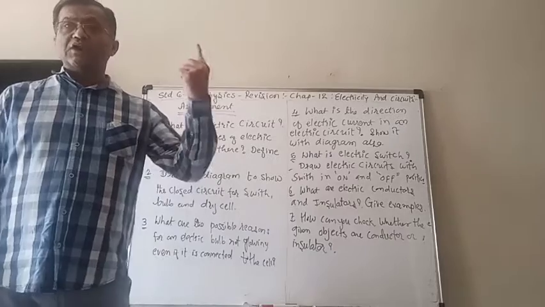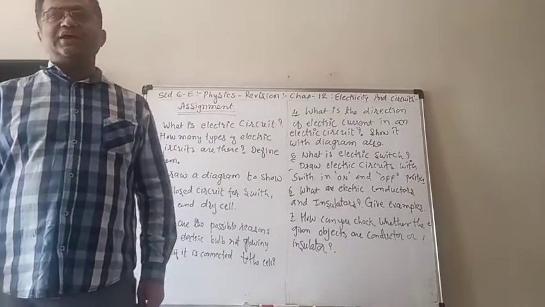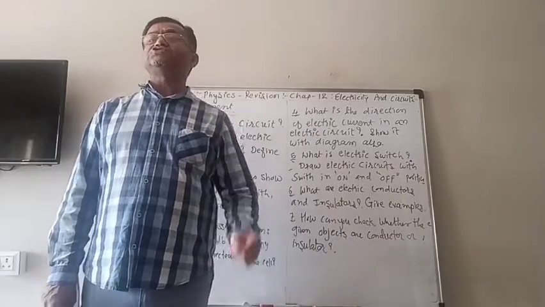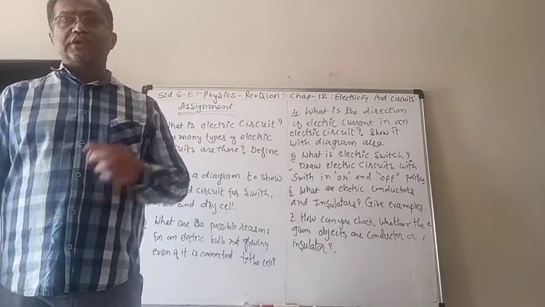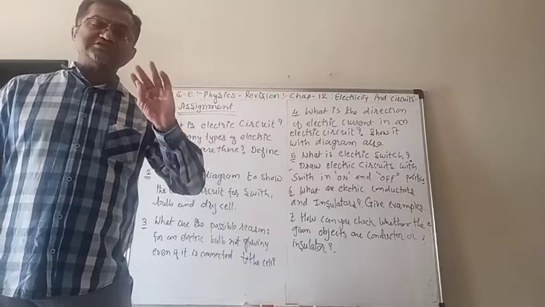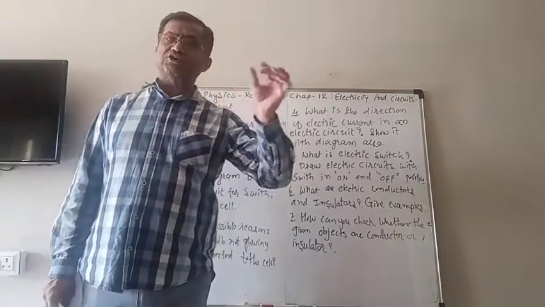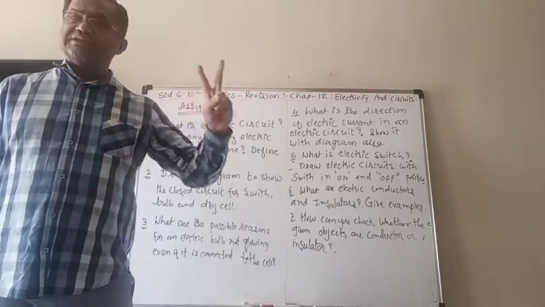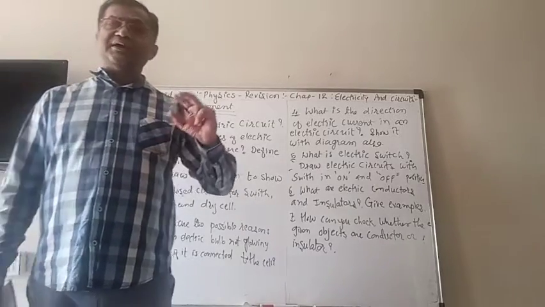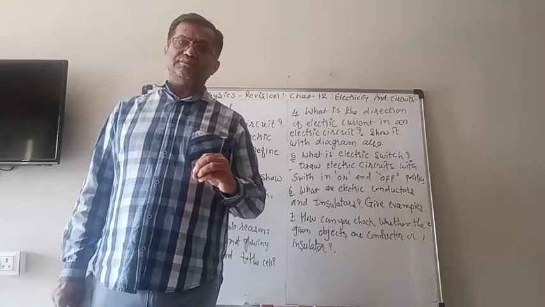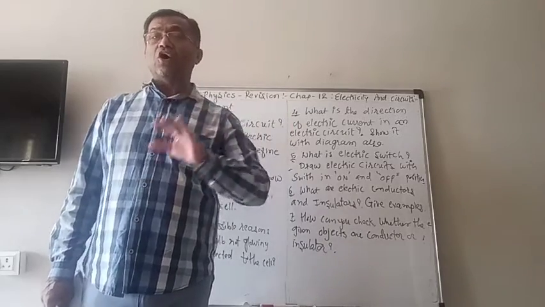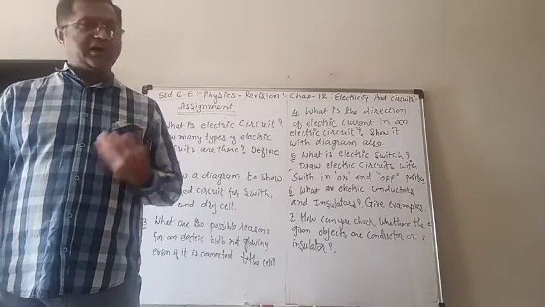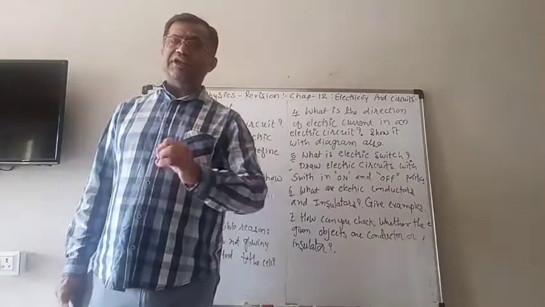First reason can be that the connection is not joined properly. If one of the wires is loose, not in contact, then it cannot light the bulb. Second, if there is a switch used in it and the switch is in the off position, then also current will not pass through it and the bulb will not glow.